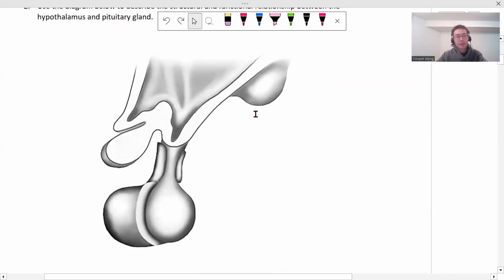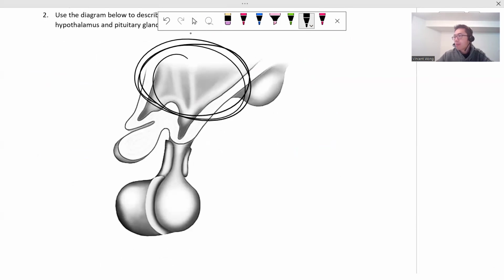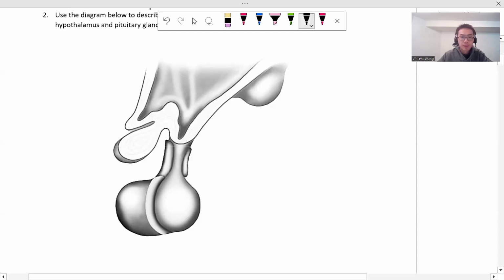Here is our favorite diagram. You must be very familiar with it by now. What is this here? Help me out, please. Anybody know what this part is? The hypothalamus. Now, this is a hypothalamus. Very good.